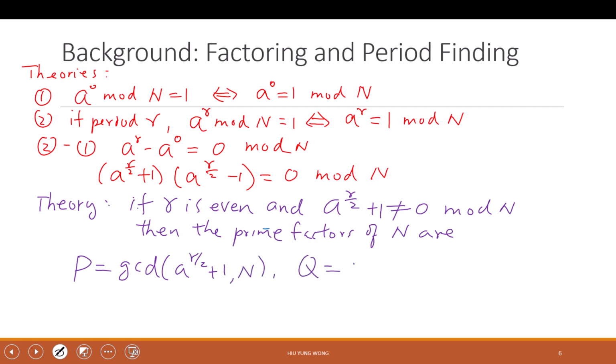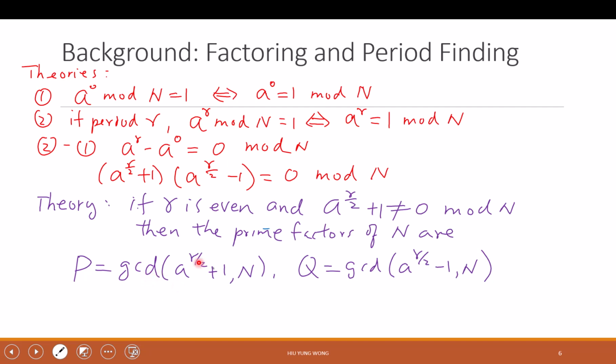Q equals GCD of a to the power r divided by 2 minus 1 and n. I was saying many things. So, what is GCD? Anyone remember? Thank you. Greatest common divisor. Okay.